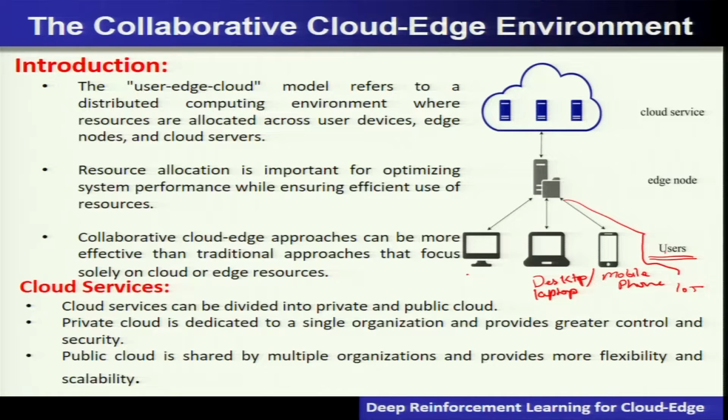IoT devices, as you understand, are equipped with sensors and often deployed in the environment for monitoring. For example, a smart city environment or an Industry 4.0 environment. In this type of environment, you will see the devices are nothing but IoT devices.